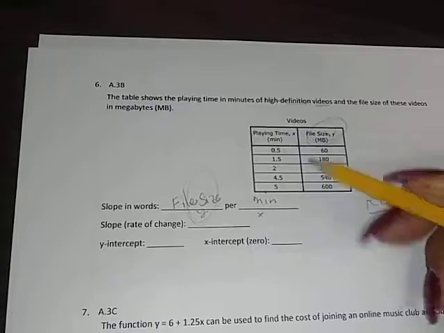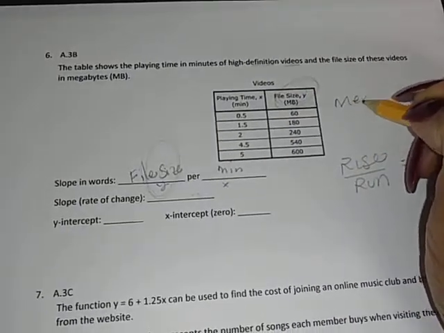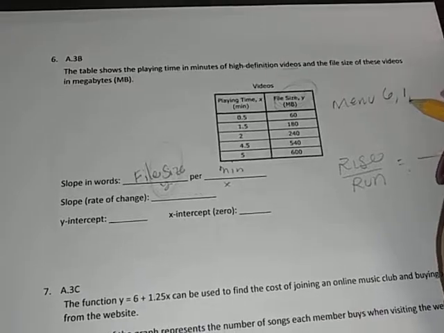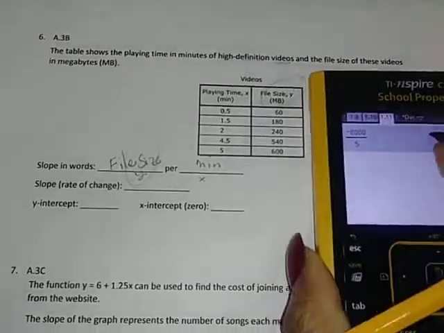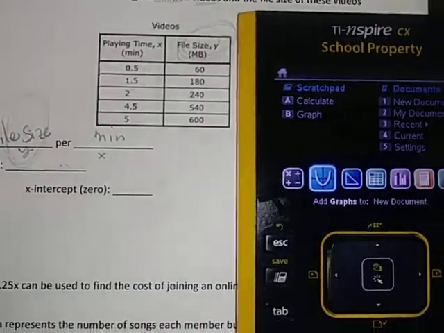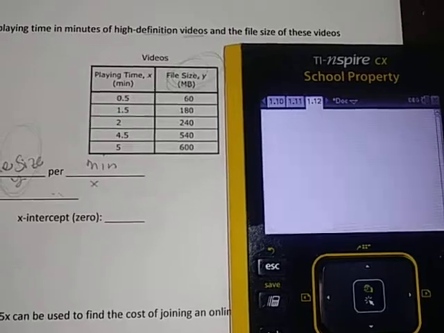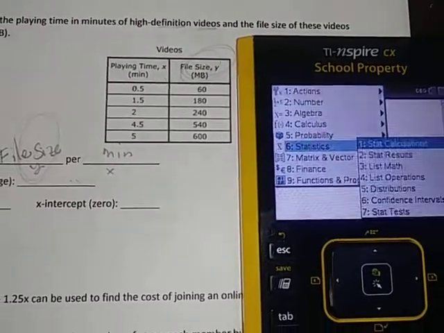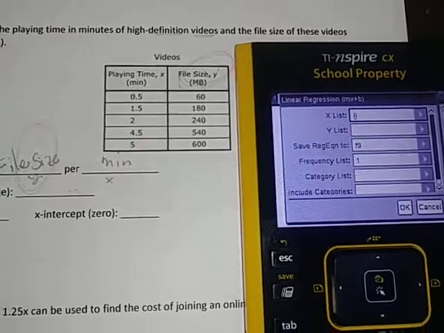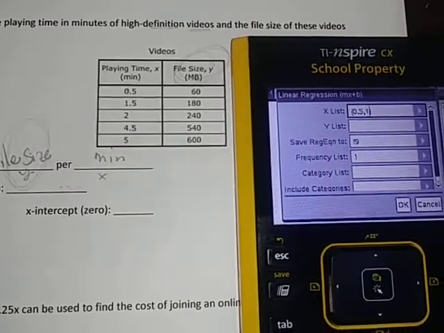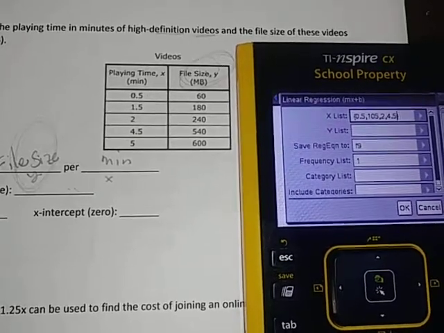Now we figure out what that is. Well, here's a table. Use menu 6, 1, 3 and it gives you N. Control right parentheses 0.5, comma 1.5, comma 2, comma 4.5, comma 5.